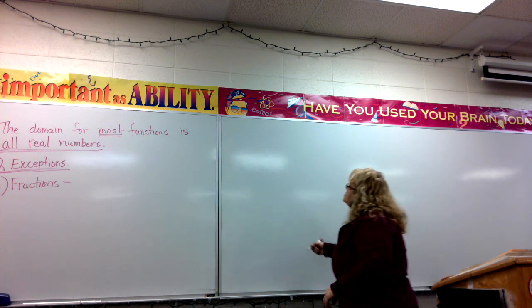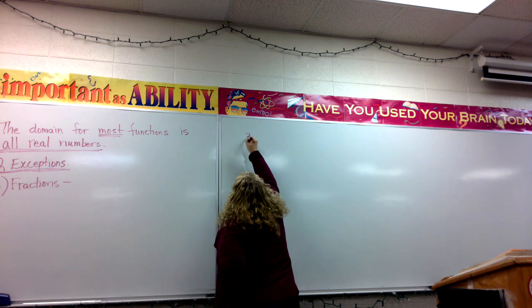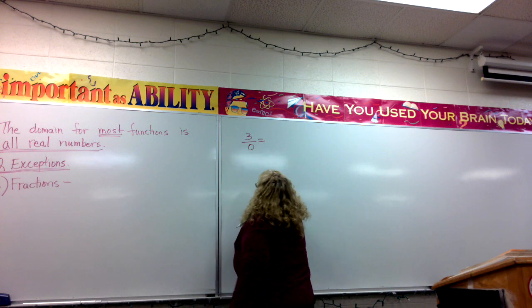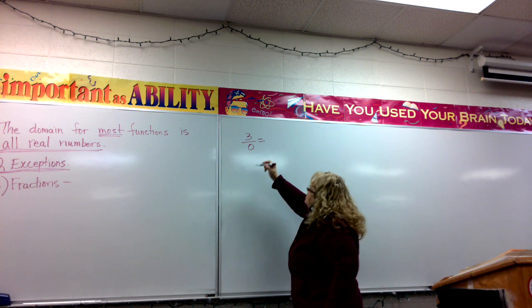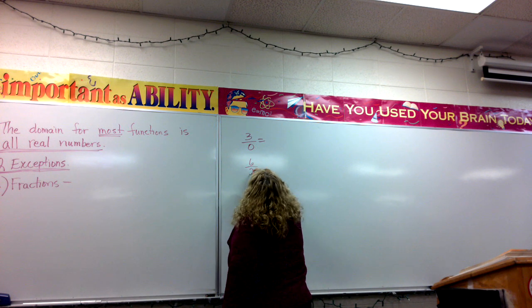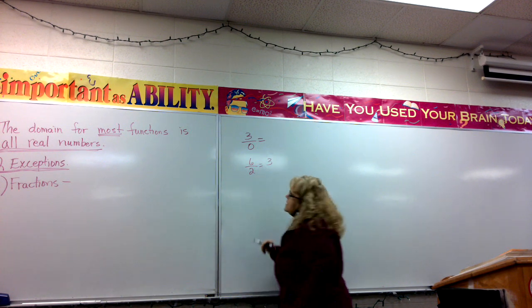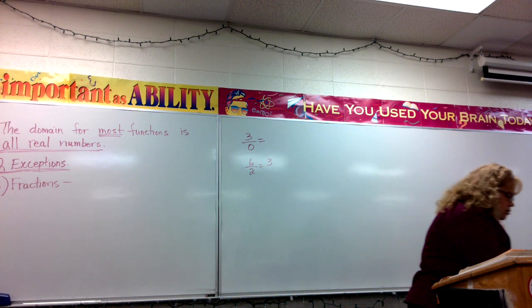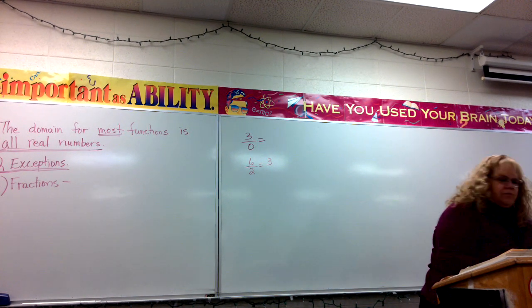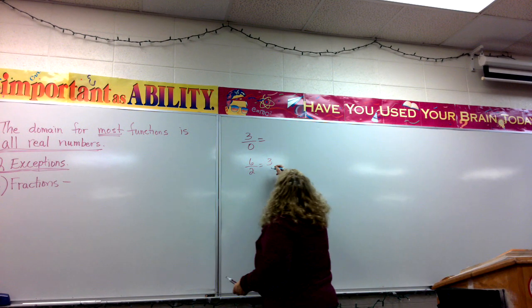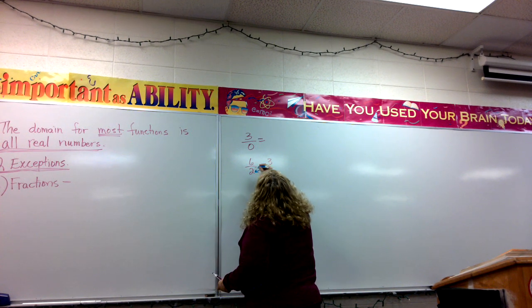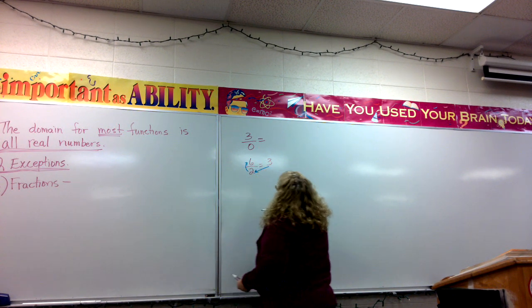If I ask you what is 6 over 2, it's 3. And the way that you know it's right, if you multiply this times this, you get the number on top.